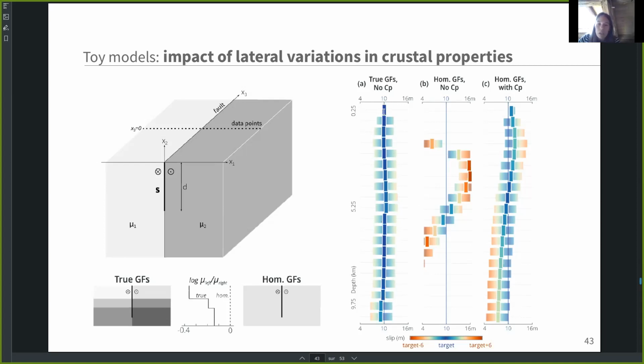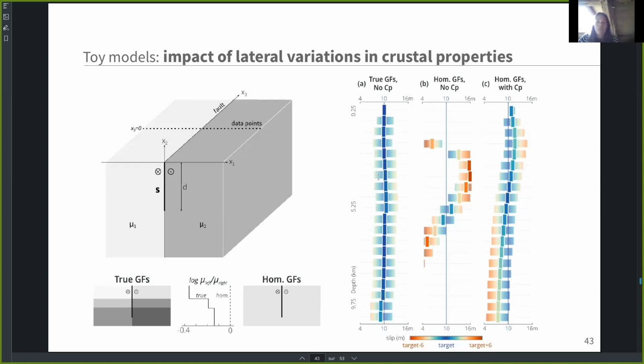The blue rectangle here corresponds to the average value that has been inferred. So if it's around 10, then you are really correct in your estimation. The other colors that you can see here, that are more transparent, correspond to all of the possible models that have been inferred by our inversion. So it's kind of the posterior uncertainty on every parameter for every depth.